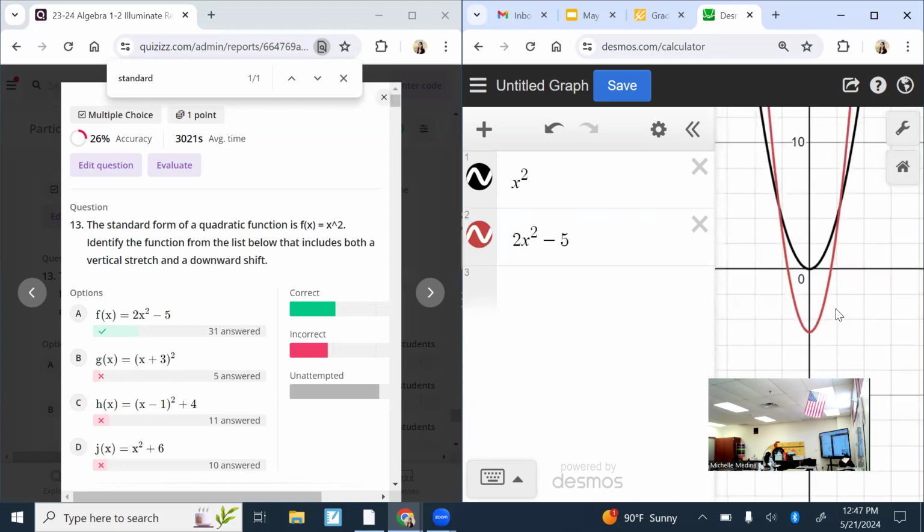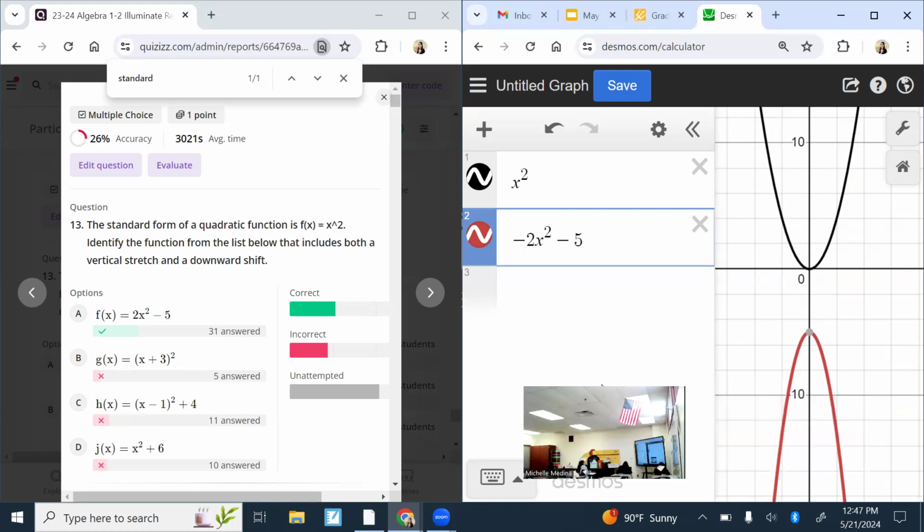If it's hard to tell if it's more narrow or not, it's a rule that whenever the number in front of the x squared is bigger than 1 or its absolute value is bigger than 1, it makes it more narrow. So even if this was negative, the absolute value is still 2. That's still bigger than 1. That's still more narrow. Okay, so we know negative makes it flip.